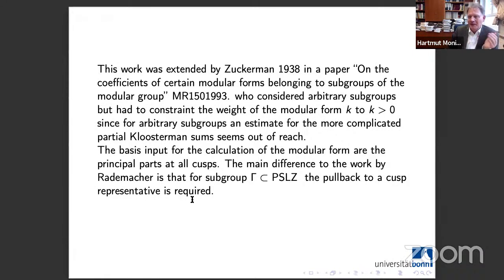You remember this algorithm, where one puts the rational number h over k to infinity, and then reduces it back to the fundamental domain, and then you find the corresponding cusp representative. That's enough for this algorithm, which I just explained, to generalize it to non-congruence subgroups.